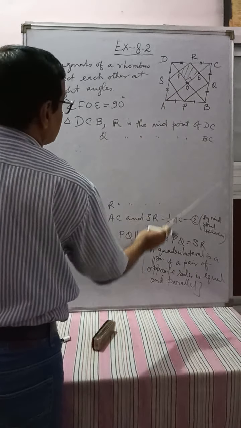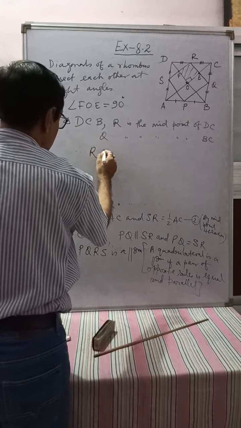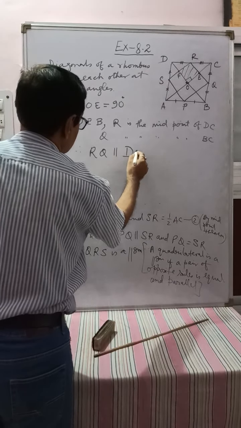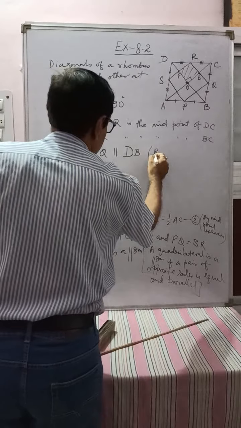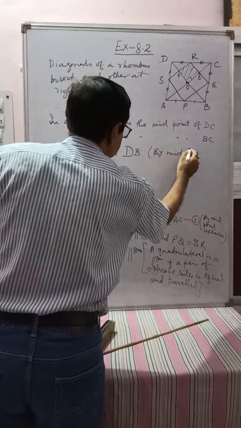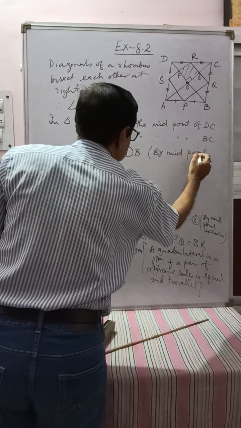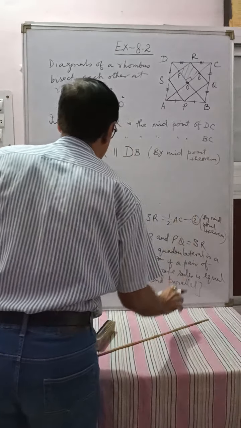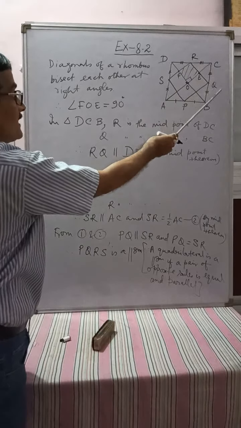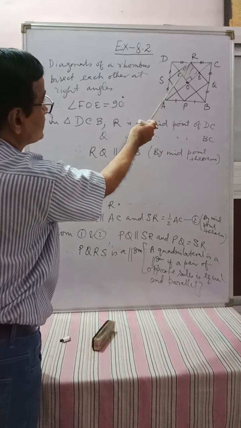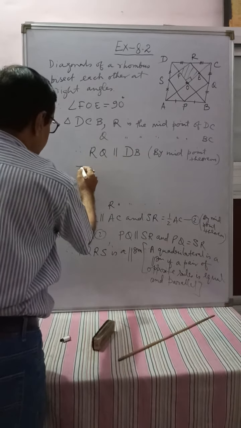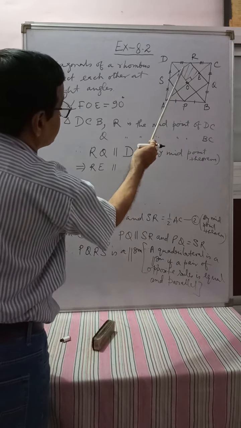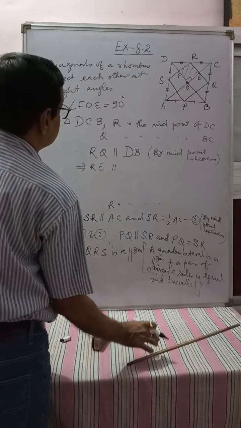Therefore their joining line segment RQ is parallel to DB by the midpoint theorem.